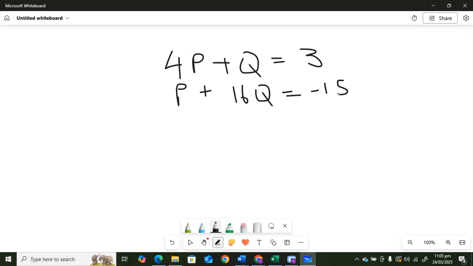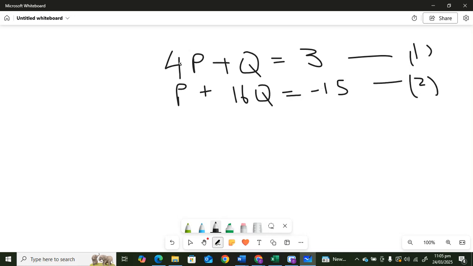If you notice that you can easily make one letter the subject of the formula, the best advice is use substitution method. If that's not the case, you can still use substitution, but elimination you can use also. So here we can say, let's make Q the subject of the formula here in equation 1.